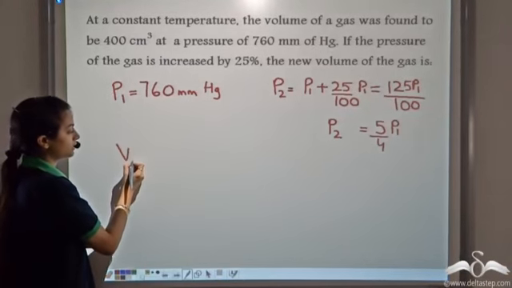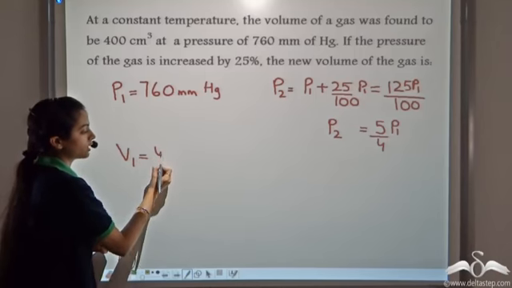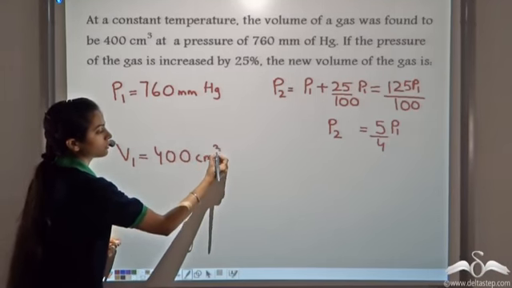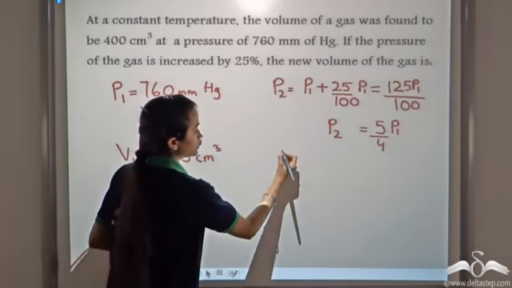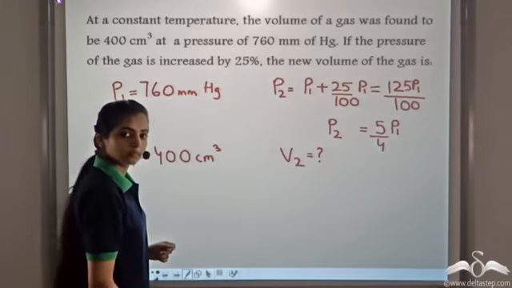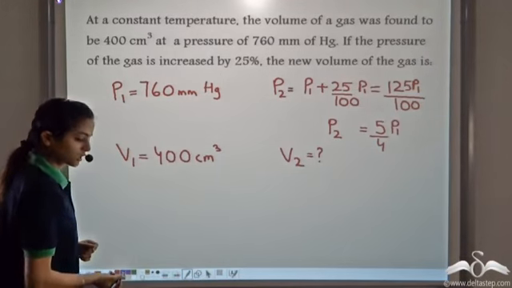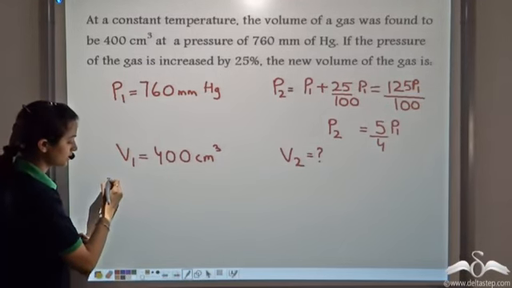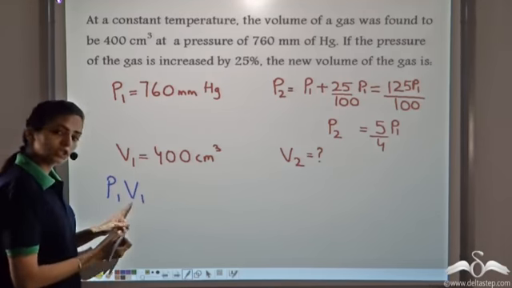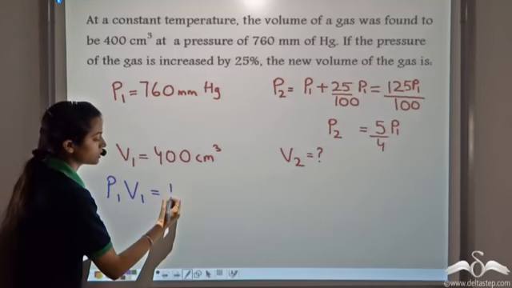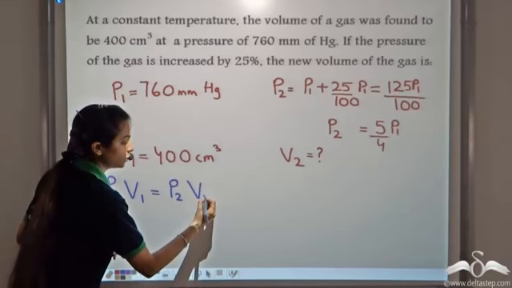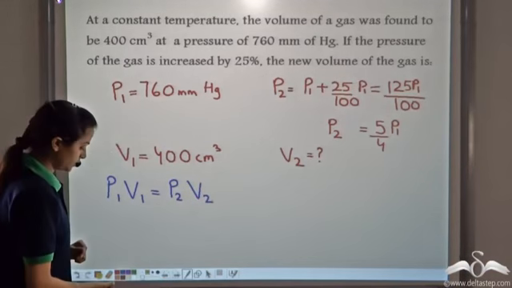Now we are given that the initial volume is 400 centimeter cube. And we have to find out the final volume. So now, we know that Boyle's law says that the initial pressure of the gas into initial volume is equal to final pressure into final volume.